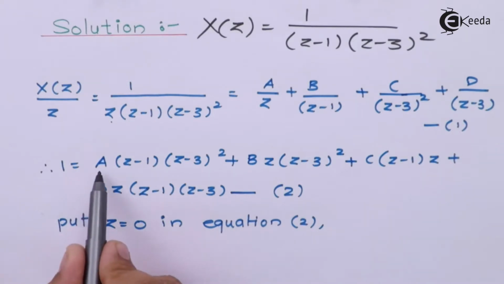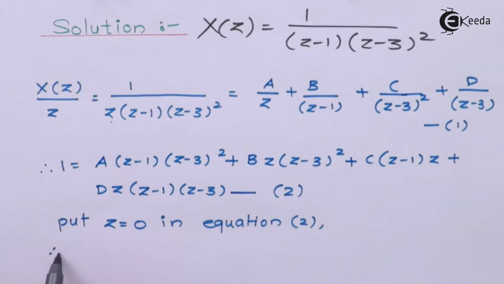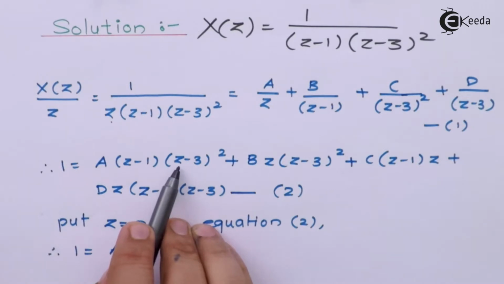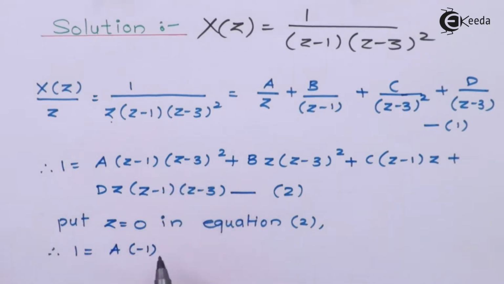So we will get only the value of A. As z is replaced by 0, we have only minus 1 in the bracket. Then we have minus 3 in the bracket, and the next terms are 0. Now minus 3 square is 9, and 9 into minus 1 is minus 9. And if I shift this 9 to the left hand side, what will you get?